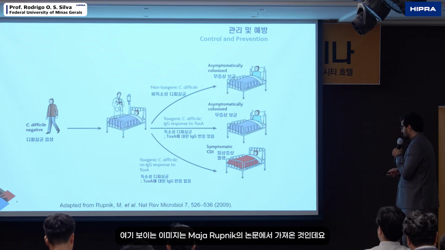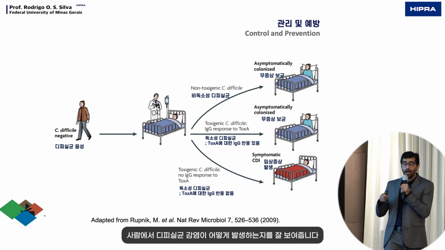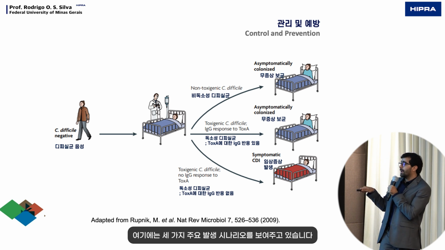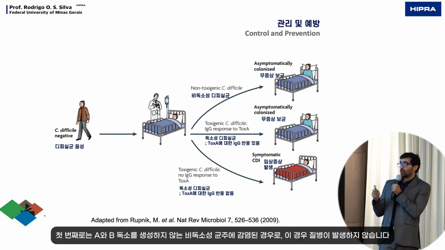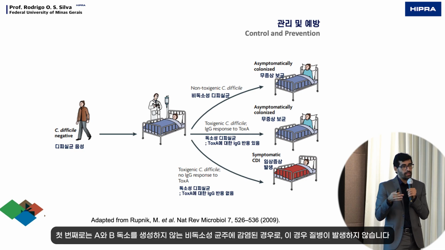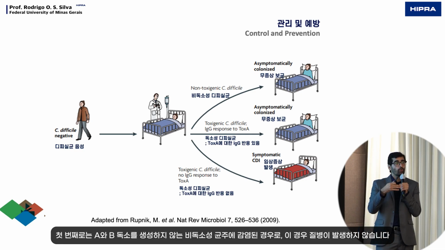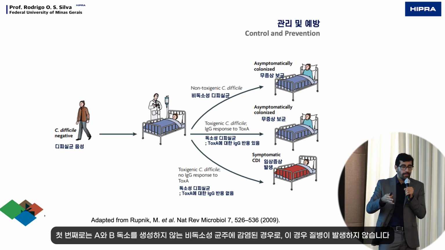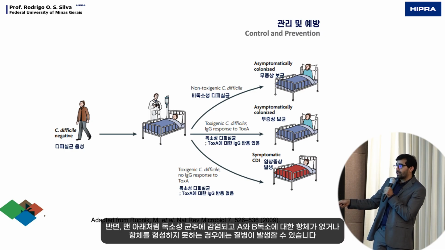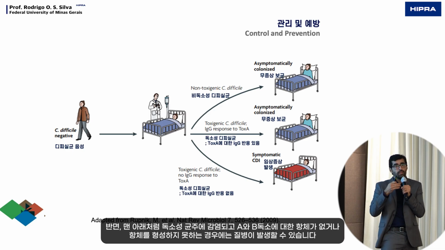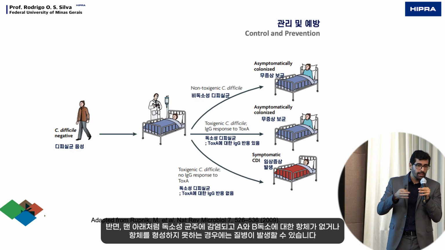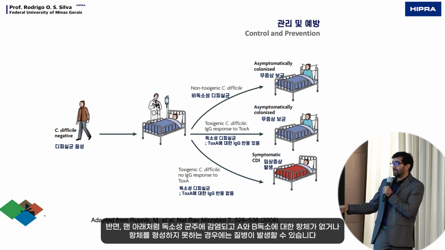This is a very interesting image from a paper from Maya Rupnik showing how the disease occurs in humans. We can see here 3 main possibilities. If you get colonized by a strain that is not able to produce A and B toxins, a non-toxigenic strain, you won't have the disease. If you get colonized by a toxigenic strain and you don't have antibodies, or you're unable to produce antibodies against A and B toxins, you can develop the disease.